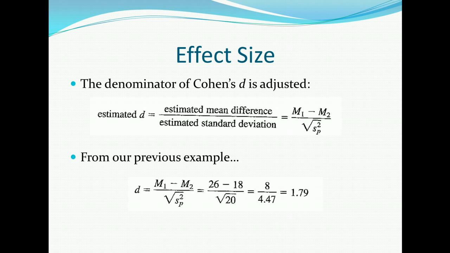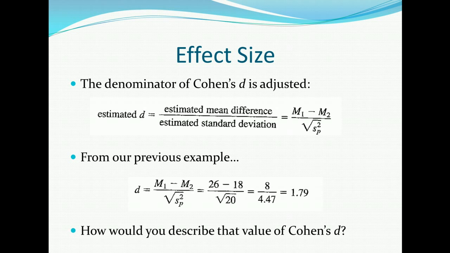Our pooled variance was 20, so the square root of 20 is 4.47, and 8 over 4.47 is 1.79. That's a pretty large d-value. Any d-value above 0.80, I know I've said this a couple of times, is large.